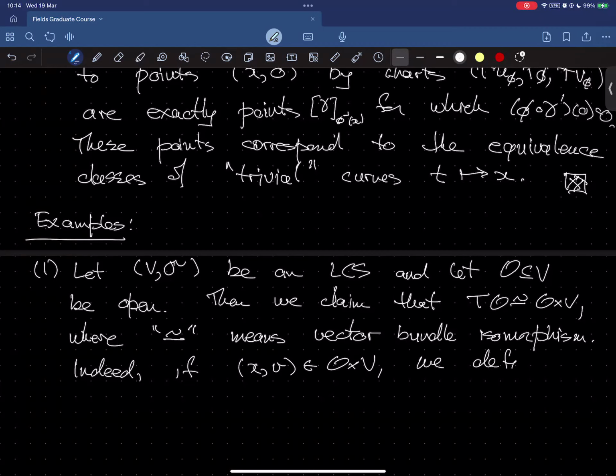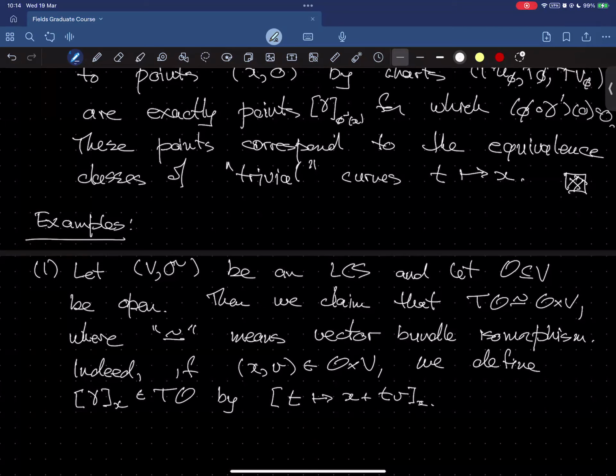So we define gamma X in TO by the equivalence class of the curve t goes to X plus tV.